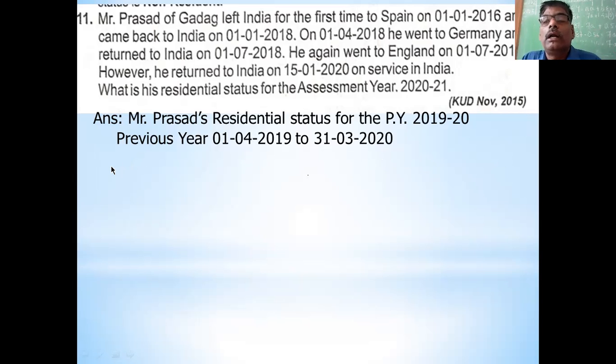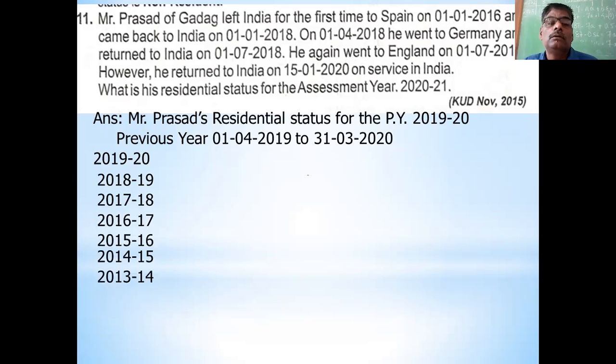Clear? I'll write 11 years, 11 previous years. Your previous year is 1920. Preceding this, I'll take 10 previous years. Okay, these are the 10 previous years. 09-10, 10-11, 11-12, 12-13, 13-14, 14-15, 15-16, 16-17, 17-18, 18-19, 19-20. 11 years you note down clearly.